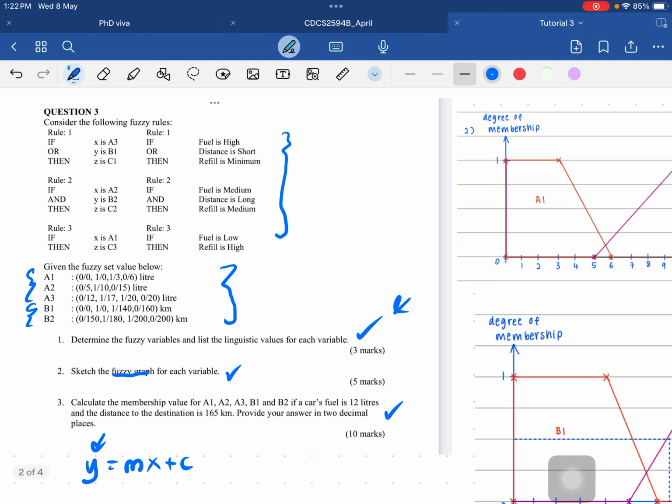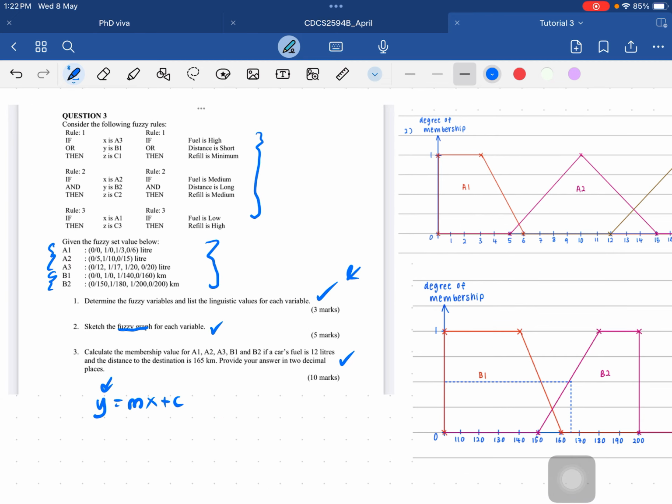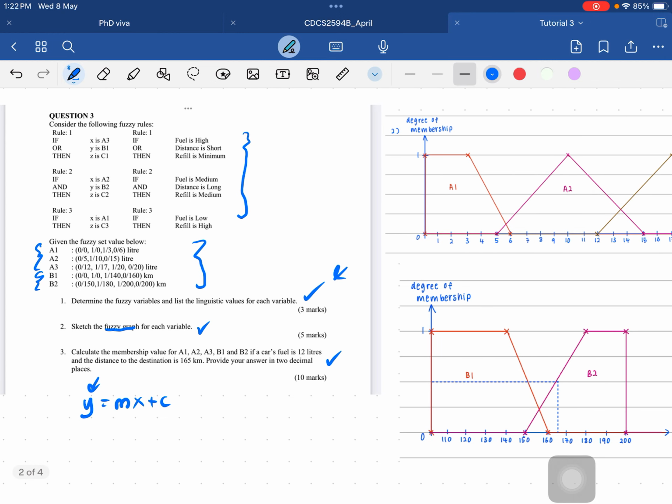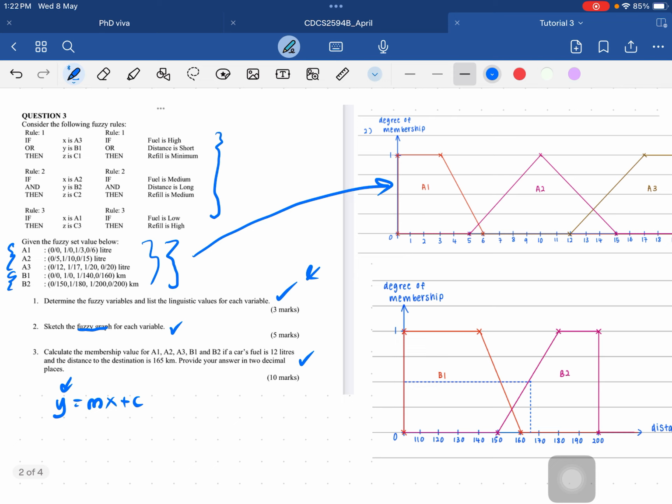So if you look at the value of the set here, you are going to sketch the fuzzy graph based on the set here. So a1, a2, and a3 should be in one graph, for example here, and b1, b2 should be another graph that is distinct.